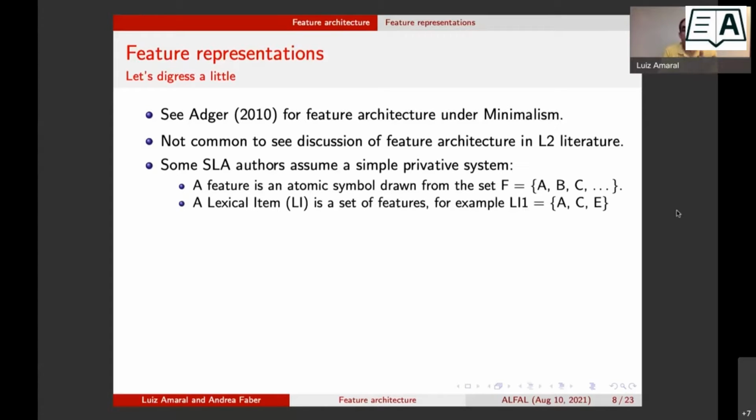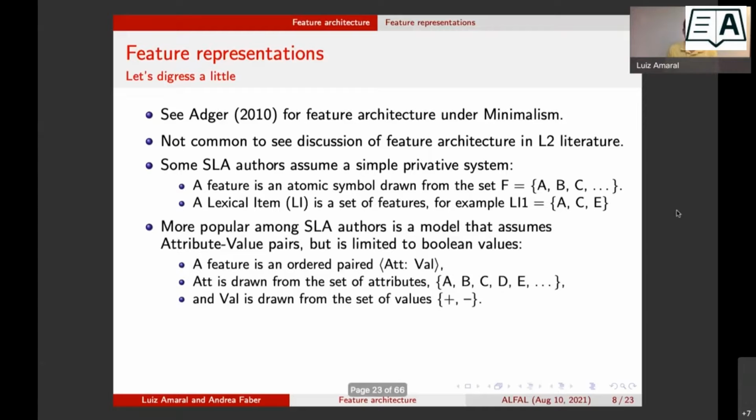So some SLA authors assume a simple privative system, in which a feature is an atomic symbol drawn from a set, right, A, B, C, and a lexical item is a set of features. So a lot of authors, when you read their papers, say, oh, this functional projection here has this feature, or that has that feature, right? And what you could guess from that is that they are assuming an atomic symbol.